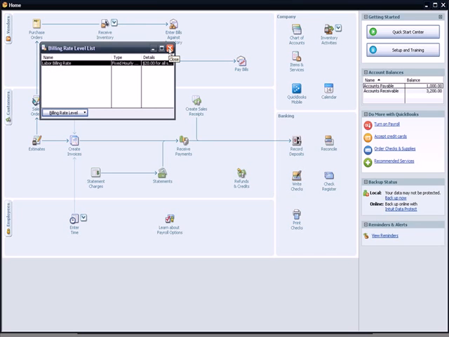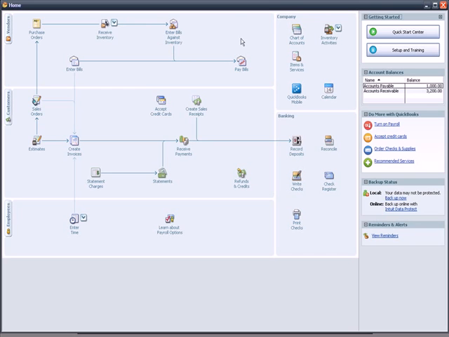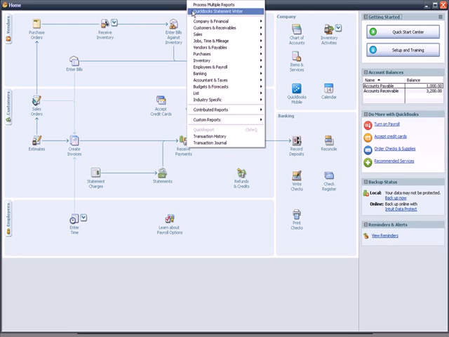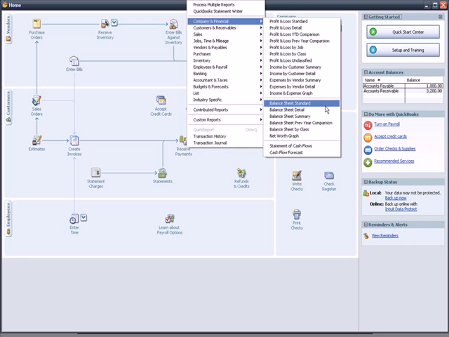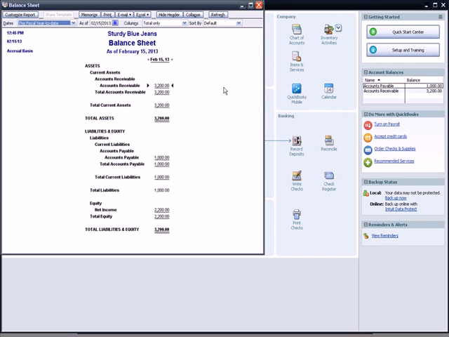Now, because I set up the problem this way, there's a small issue when I go to Reports. If I go to Company Financial, Balance Sheet Standard, there's the $3,200 I billed, the $3,000 denim plus the $200 labor. There's the payable that I have for denim, for the $1,000 of denim that I bought and that you saw a bill for.